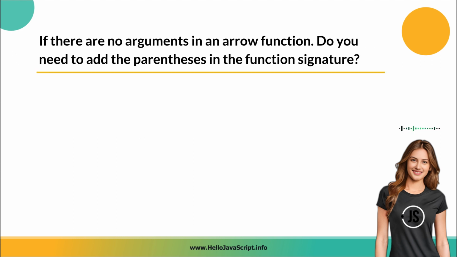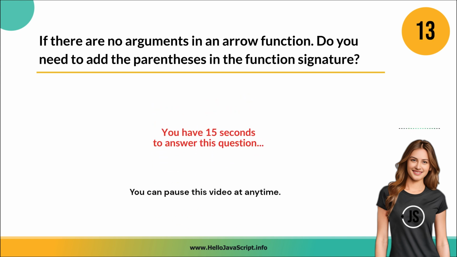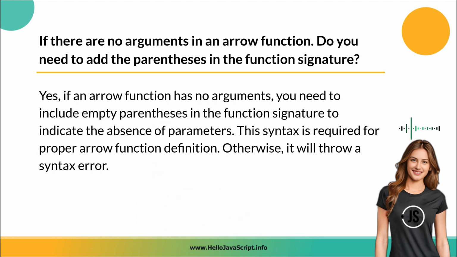Let's look at the next question. If there are no arguments in an arrow function, do you need to add the parentheses in the function signature? This is the correct way to answer this question.